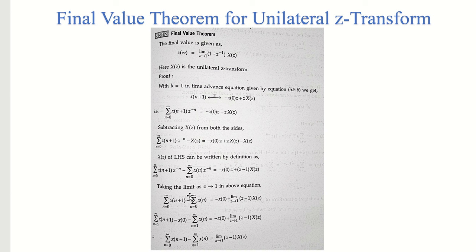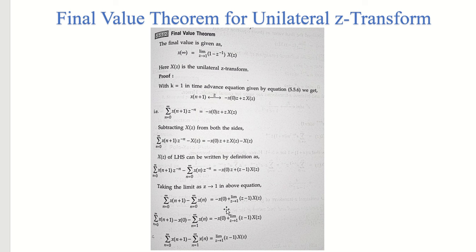So we wrote it, and this will be basically the formula of the Z transform of x of n plus 1. And we will be having minus x of 0 into z plus z minus 1 x of z, and when you take the limit of it, you will get this minus x of 0 outside the limit. The term inside the limit will be z minus 1 x of z.